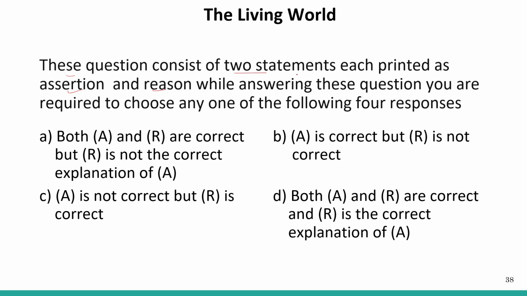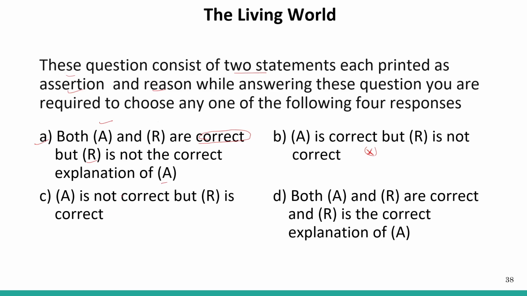Now we have to choose one of these options. Here they are saying both assertion and reason are correct. Yes, they are correct, but reason is not the correct explanation of A. Next option: A is correct but R is not correct. We will exclude this.